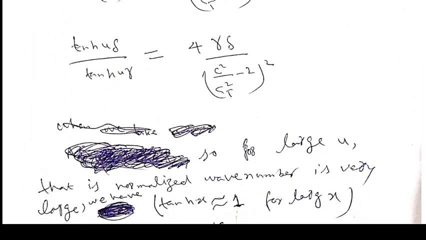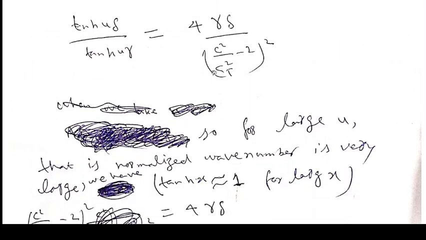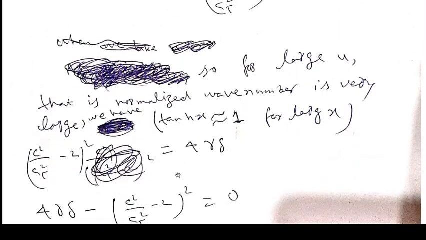So when u is very large, the wave number is very large, then we have hyperbolic functions. For large argument x, tan hyperbolic x is approximately equal to 1. So for large u, we can write this as 1, and moreover this can be written here. So this is the Rayleigh wave equation.